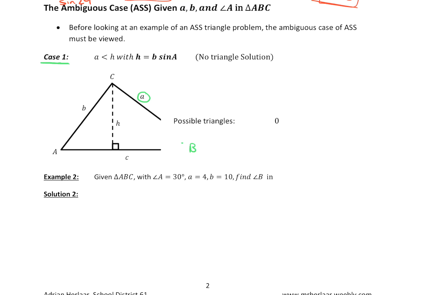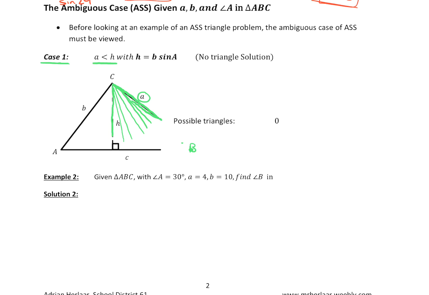So if A is less than H, which means this length here is less than the height, that arm will never connect down here. It's not possible because it would have to be bigger than the height. It would just dangle there, trying to find a place to connect on that C line on the bottom.